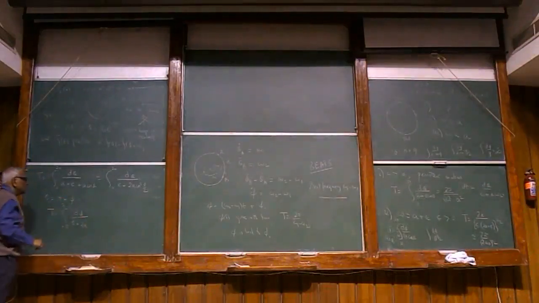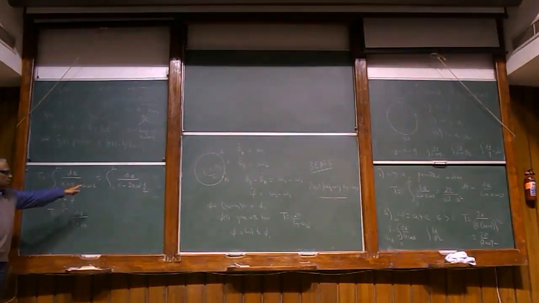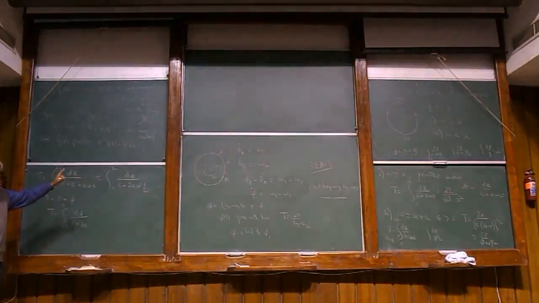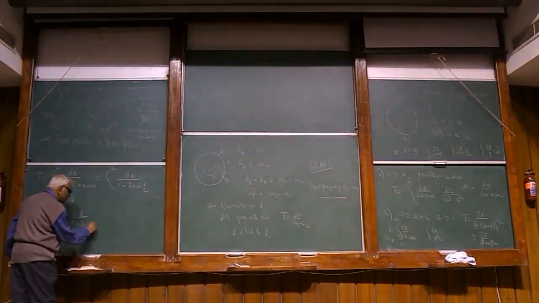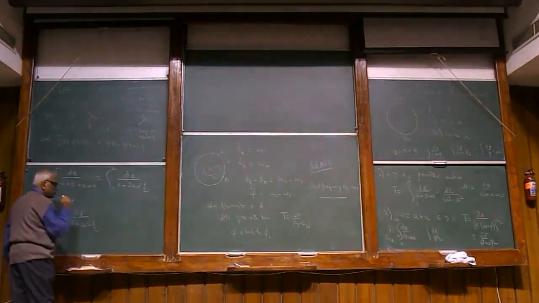Theta by 2 becomes pi by 2 plus phi by 2. So it's sine phi by 2, and so it is sine square phi by 2.